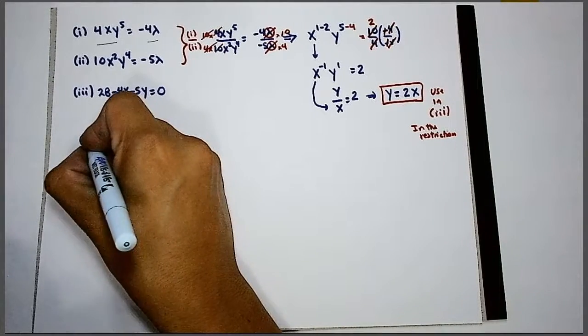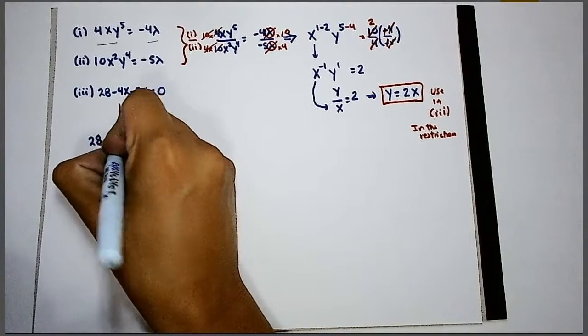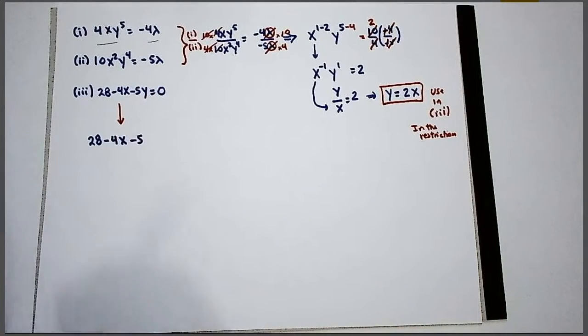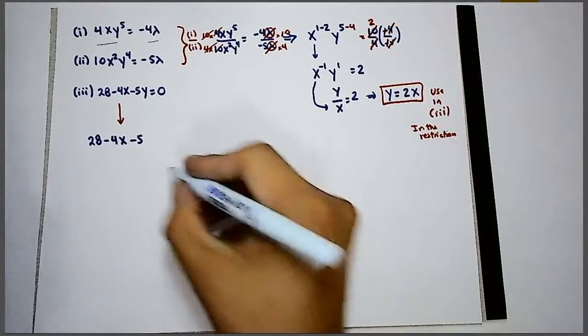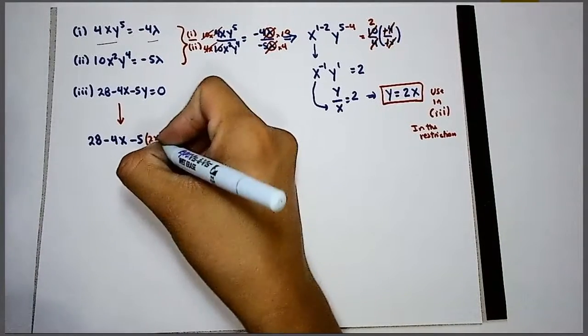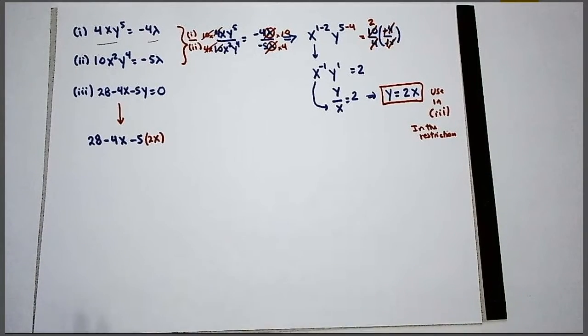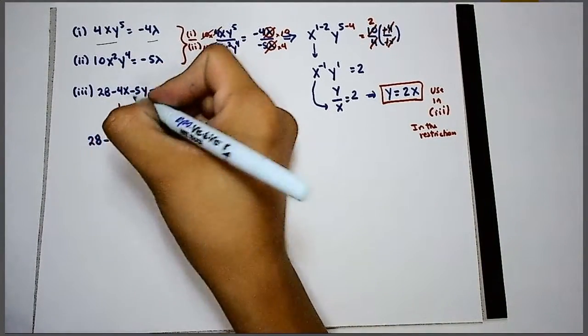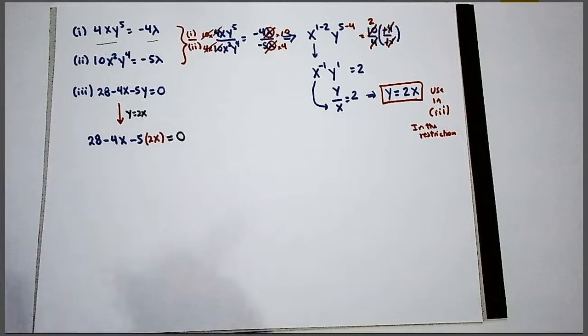So here we have 28 minus 4x minus 5y. But instead of y, we use 2x. So this relationship that we obtained here, we're applying. So y is equal to 2x. And this is equal to 0.